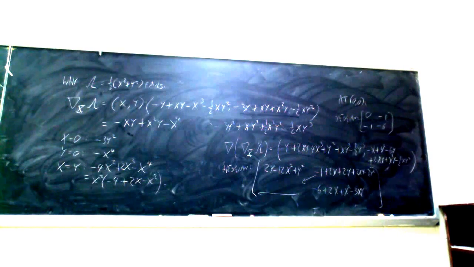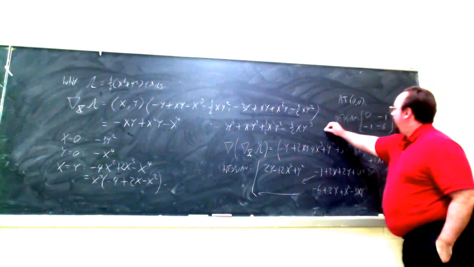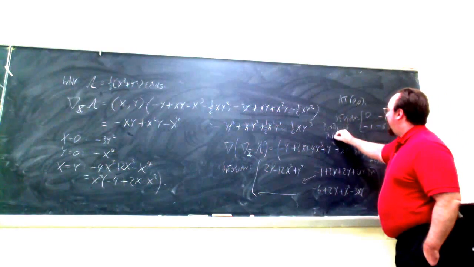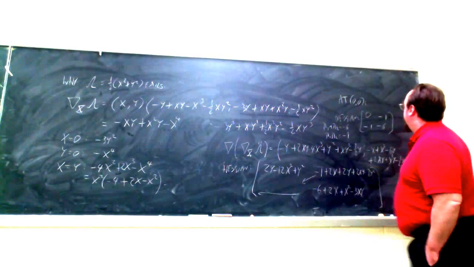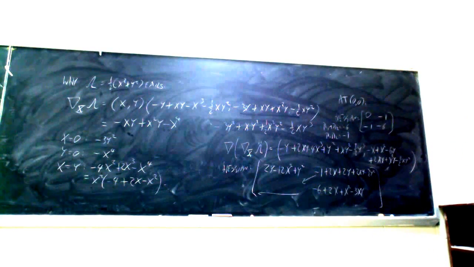No, that can't be right because it's symmetric. The eigenvalues have to be real. If they have opposite sign, well, the trace is minus 6. So lambda 1 plus lambda 2 is minus 6. Lambda 1 times lambda 2 is equal to minus 1.